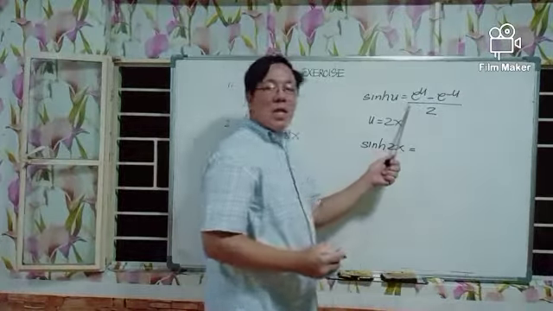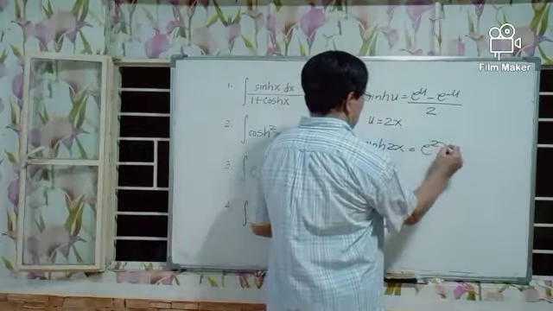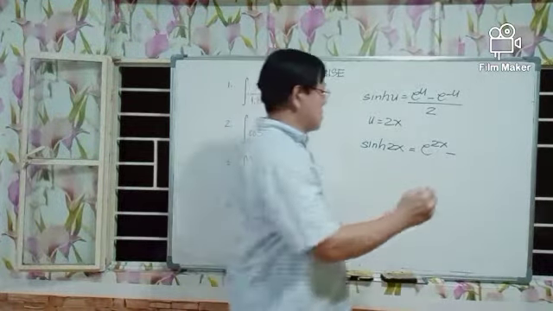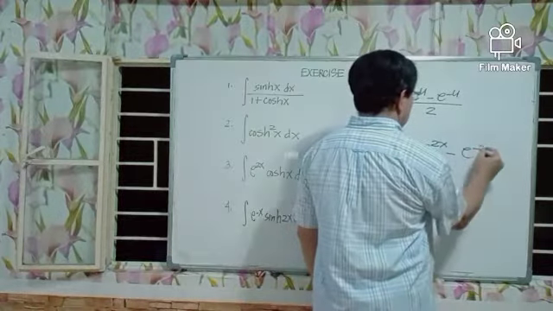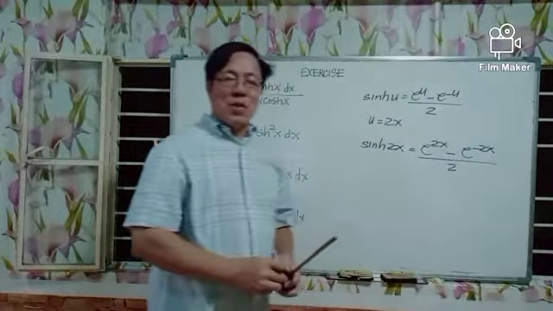is equal to e to the 2x minus e to the minus 2x all over 2.